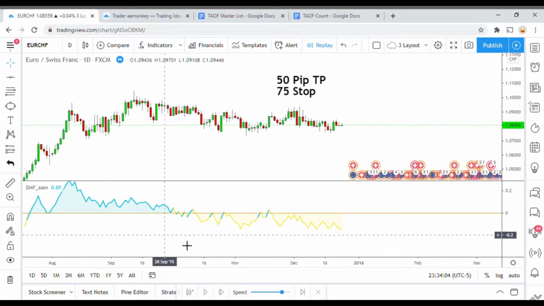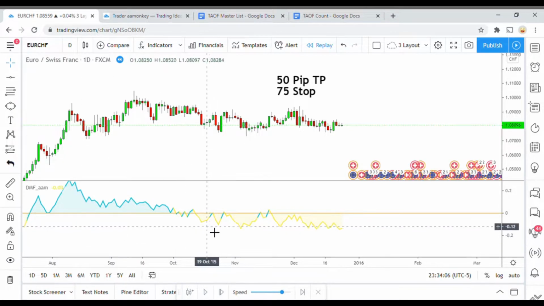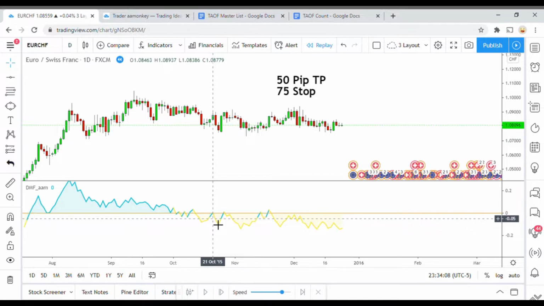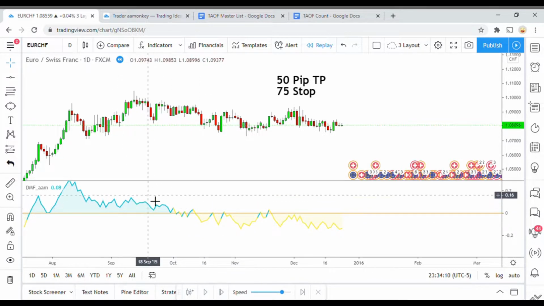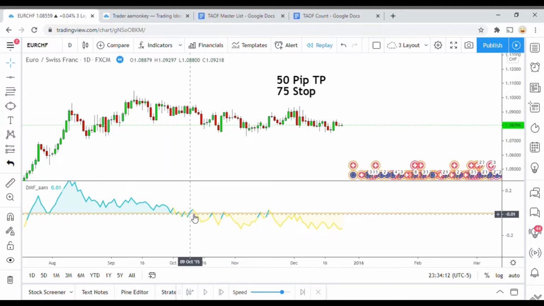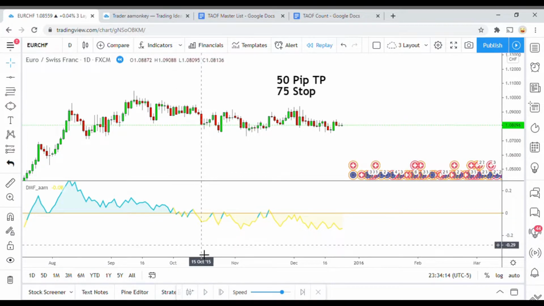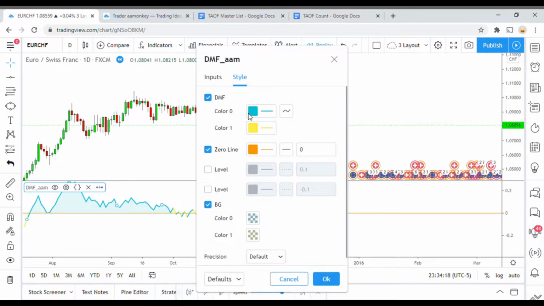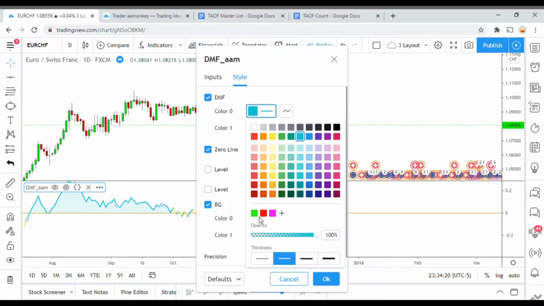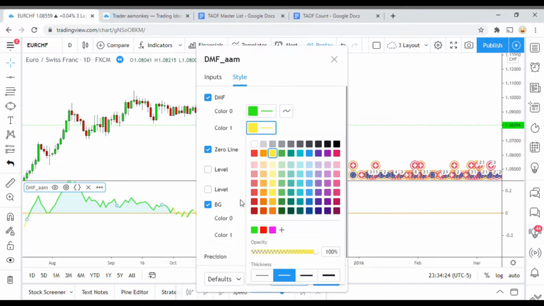And so this setup is pretty easy. We can see where the indicator is turning from a light blue line to a yellow line. I hope that is noticeable. Let's go ahead and change those. Let's do green, and we will do red.